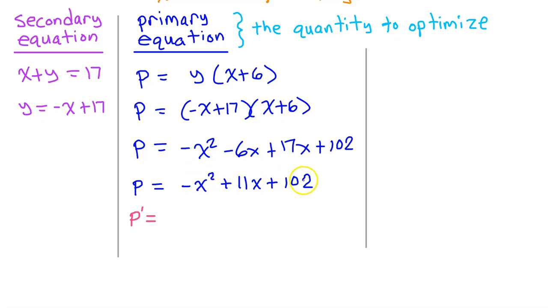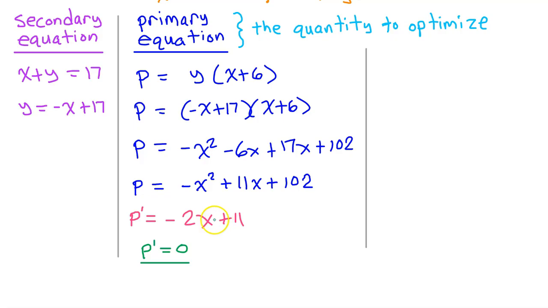We need to take the derivative so we can make a p prime sign chart. Going term by term, we have negative 2x, and the derivative of 11x is just 11. So very simple. To make the p prime sign chart, we need the critical values where p prime is equal to 0, or where p prime is undefined.